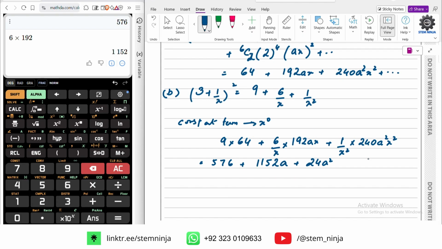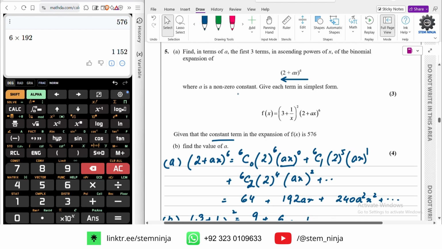So this would mean that this thing is equal to 0. So 1152a plus 240a squared is equal to 0. This is a quadratic equation now.